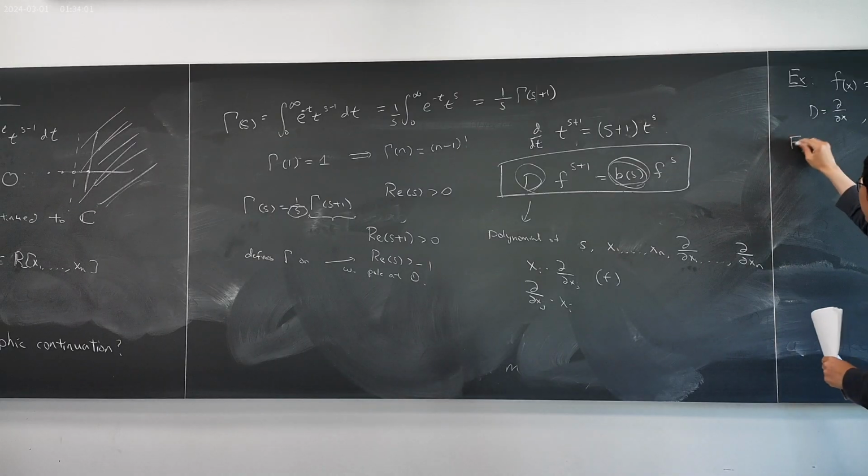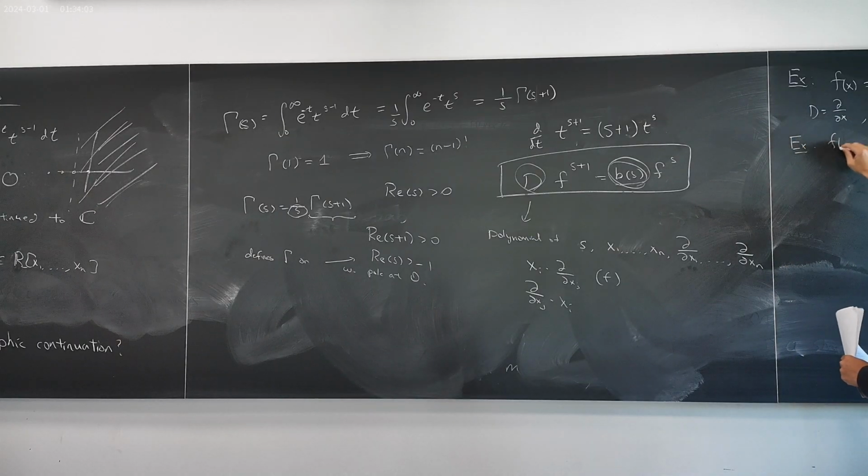If we take a more interesting example, like f of x1 to xn is x1 squared added to xn squared, then the operator here is the Laplacian. This is the sum of ∂² over ∂xi squared. And the Bernstein-Sato polynomial that we get here is, I believe, 4 times s plus 1 times s plus n/2.